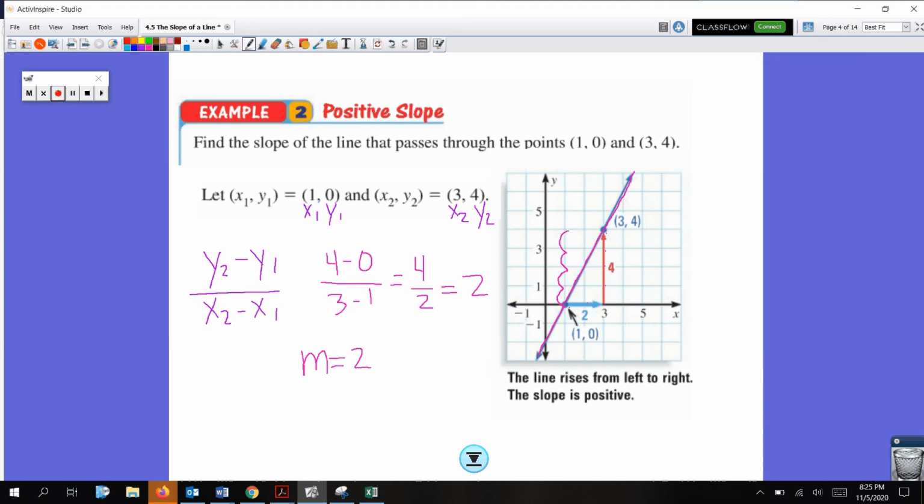That's my rise. Over my run, 1, 2. 4 over 2. And you always want to reduce. So you can find slope using a graph as well. But for this section of the book, we're going to be using this formula right here. So make sure you write that down.